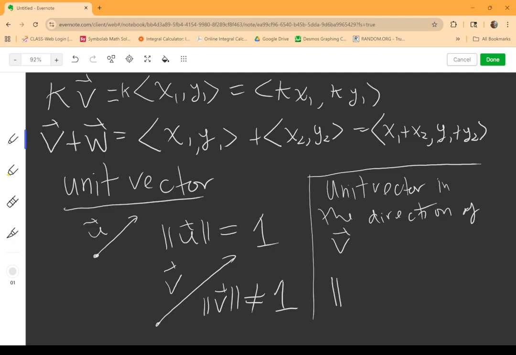I can obtain it by performing the following operation: take 1 over the magnitude of v. This is a scalar, so make sure we understand the context of what we're dividing. We haven't defined vector division; in fact, that is not defined. But this is not a vector. The magnitude of v is a scalar, it's a number, and we multiply that by v. Performing this operation returns a unit vector that is in the direction of v.